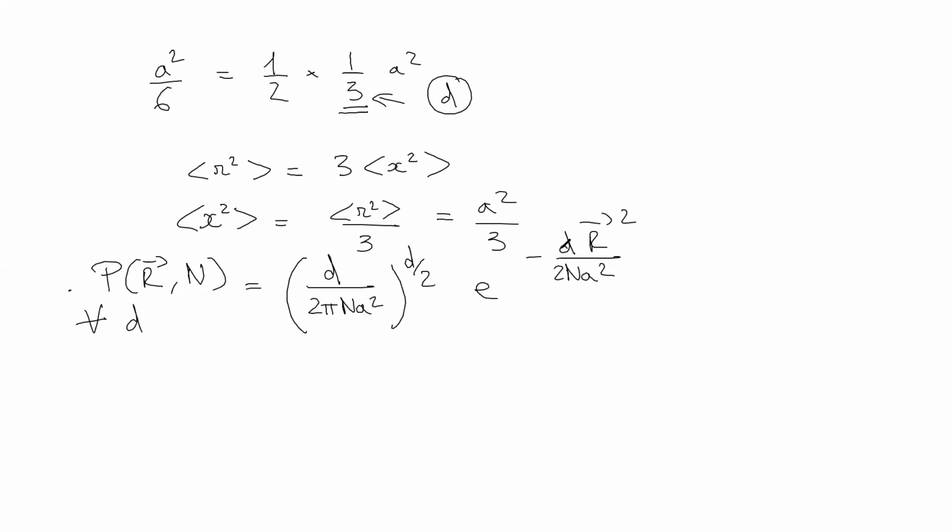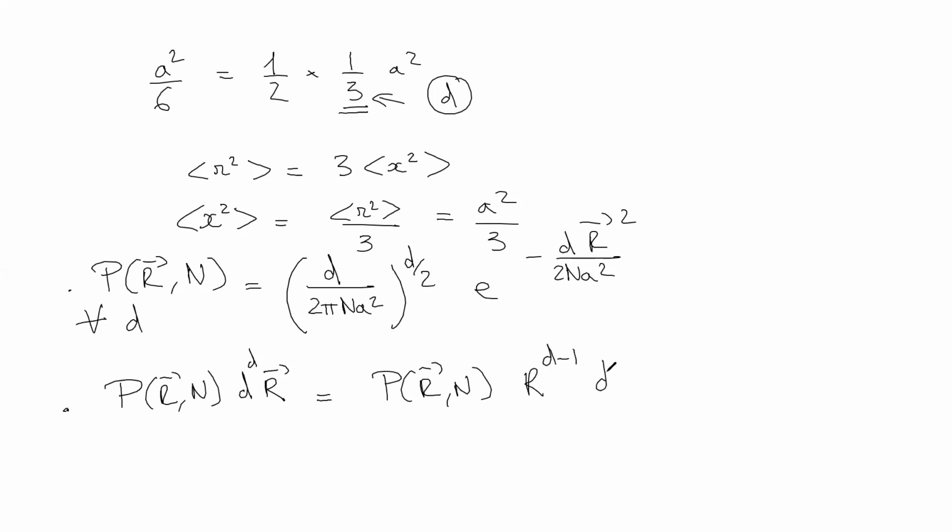All right, so from that, P of R and N, if I integrate it, or if I take the element of probability in a D-dimensional world, so this is P of R and N, here you have R^(D-1) dR and d omega. And d omega is the element of solid angle in a D-dimensional space. So in 3D, this would be the usual d theta, d phi, sine theta.